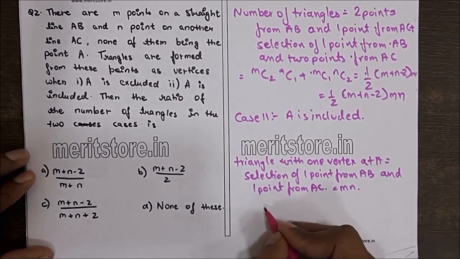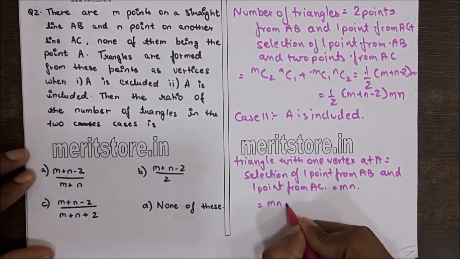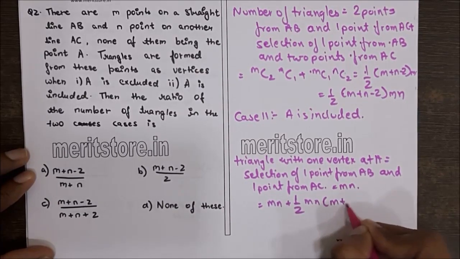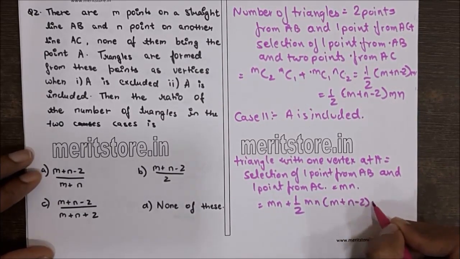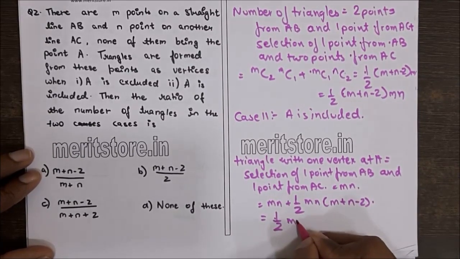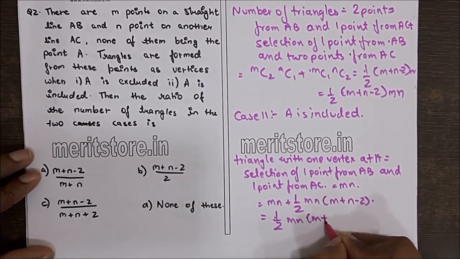This can be written as mn plus half of mn times (m plus n minus 2), that is equal to half of mn times (m plus n).